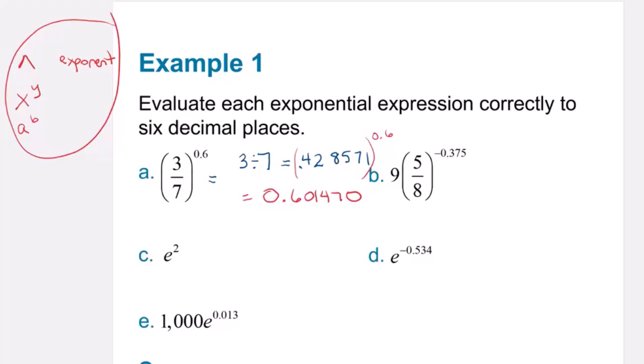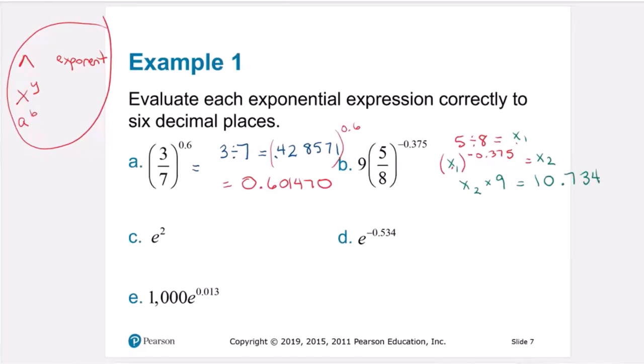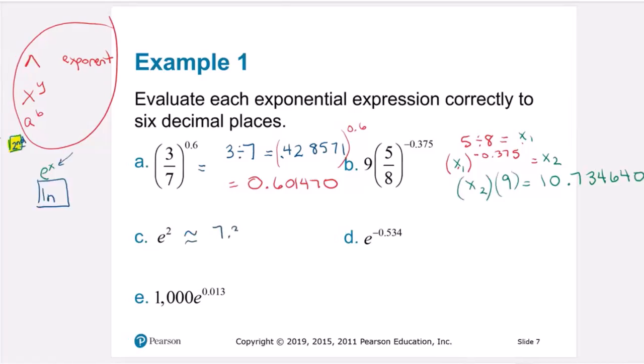Now, for this one, first, 5 divided by 8 equals x1, and then we would take x1 to whatever that power is. Now we're going to take the x2 and multiply it by 9, which gives me 10.734640. E squared gives me 7.389056.